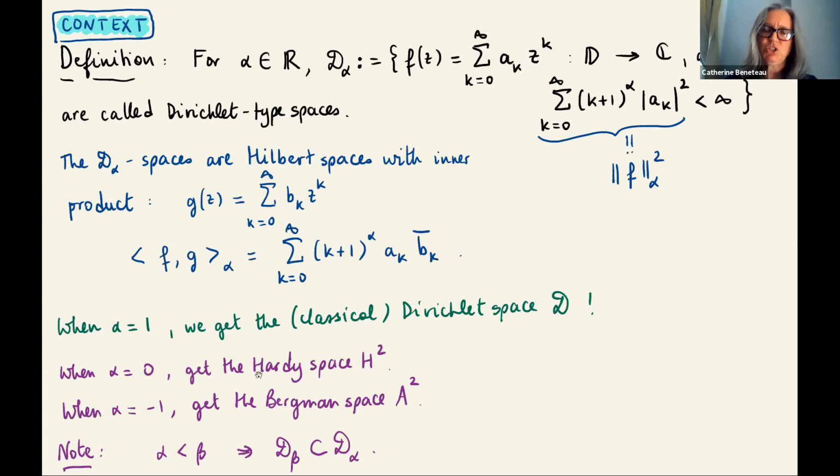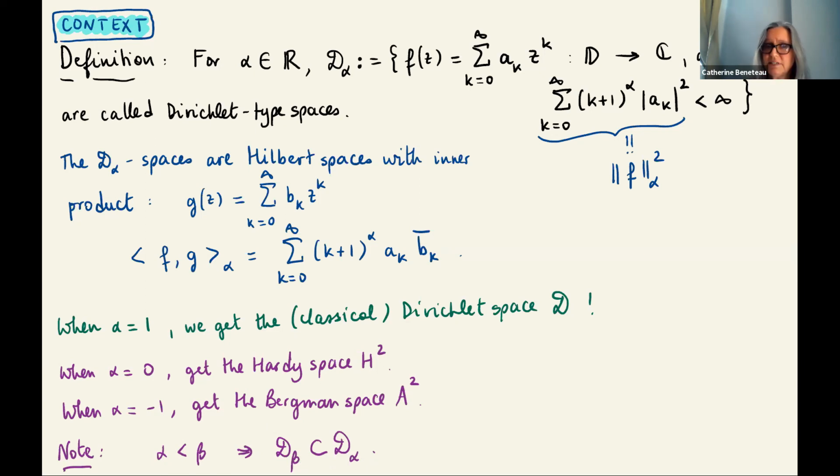You can guess, just looking at this progression from -1 to 0 to 1, that as beta gets bigger, the spaces get smaller. So it's a decreasing family of spaces: when alpha is less than beta, D_beta is included in D_alpha.